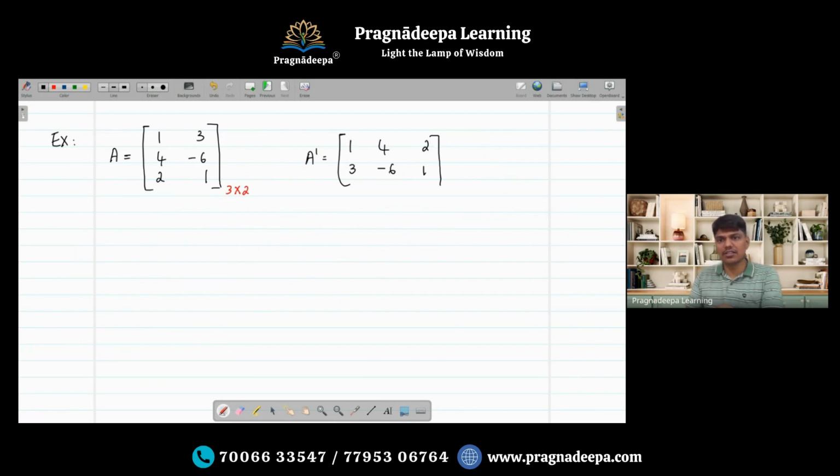Correct? And what is the order of this matrix? It's 2 cross 3. Definitely, students, A is not symmetric, but you cannot construct a symmetric matrix from A, because you cannot add A and A dash. A plus A dash is not permissible. So A plus A dash is symmetric when A is a square matrix.